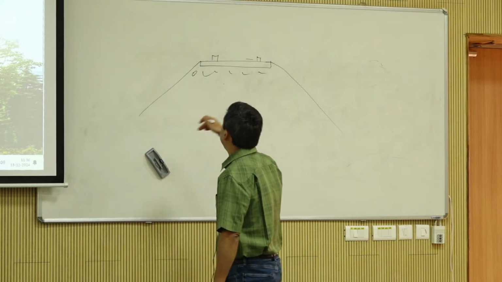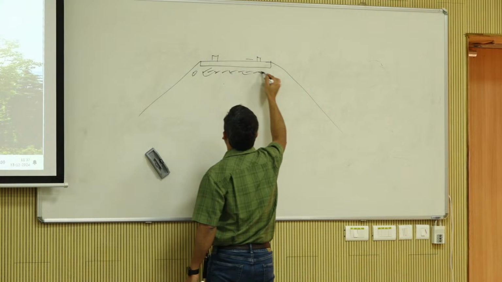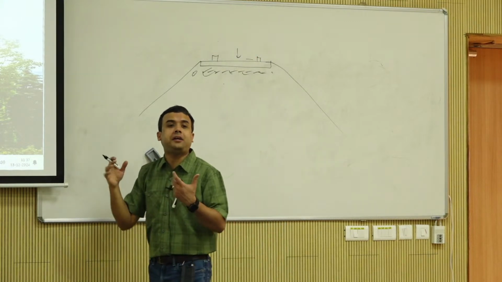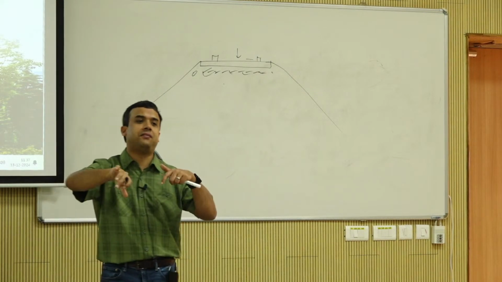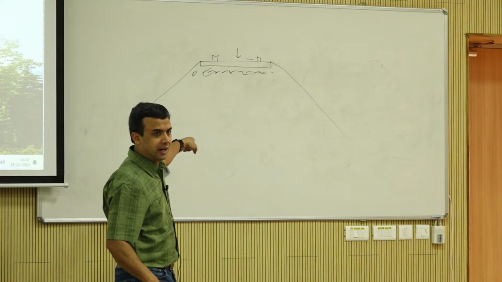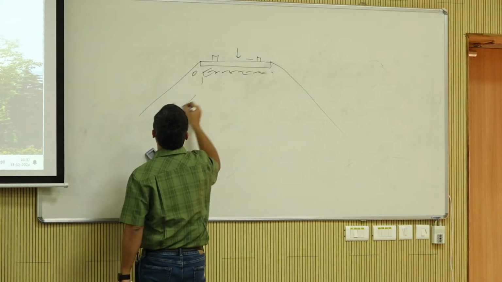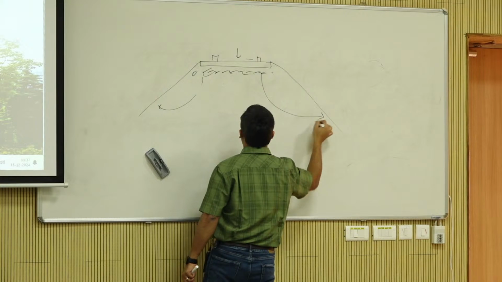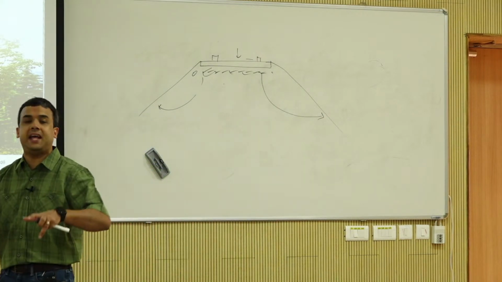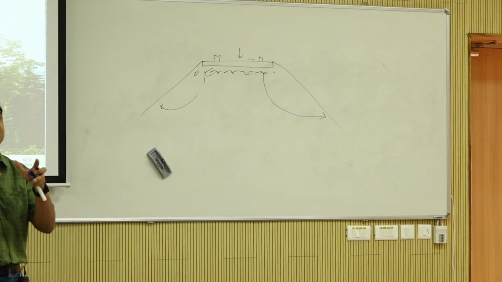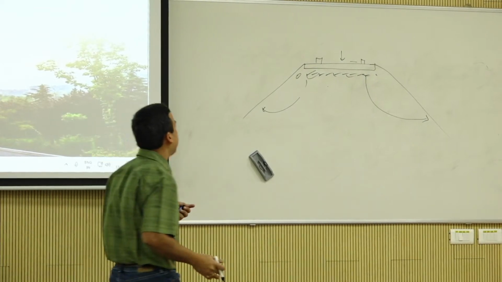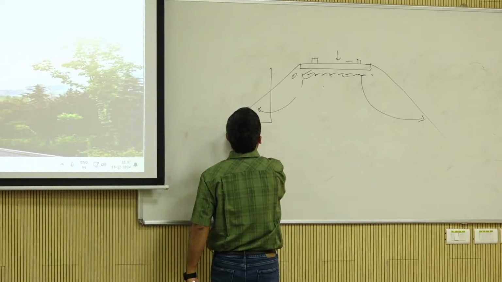Then it rains, and the water actually washes the fines towards the shoulders, so it gets here and here. With time, you'll see the ditch or the shoulder area getting really dirty, and that prevents free flowing. So what they do is they come and do what is known as shoulder cleaning.